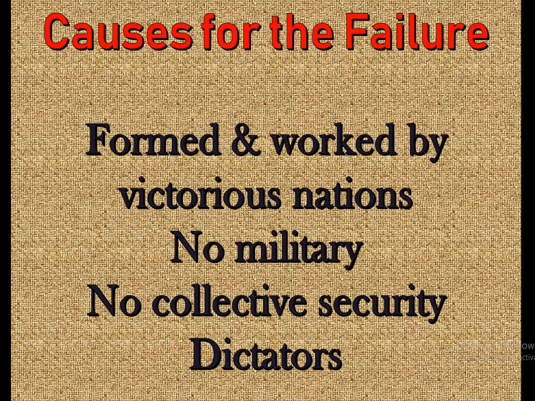But since it was in the hands of the victorious nations, they never worried about the defeated countries. The League had no military of its own, so it was unable to enforce its decisions. And there was no collective security. Safety and security was not given throughout the League membership.